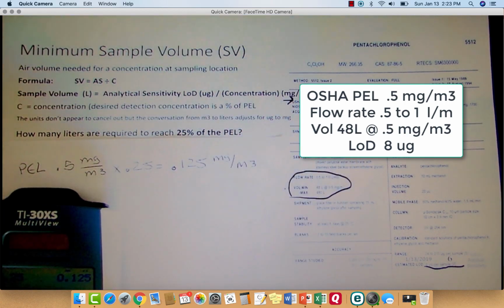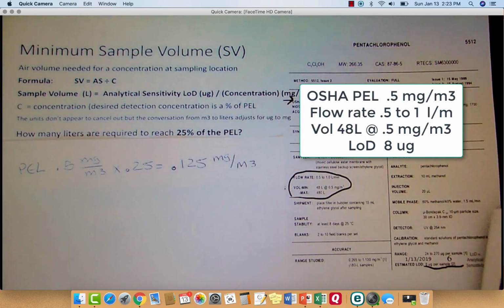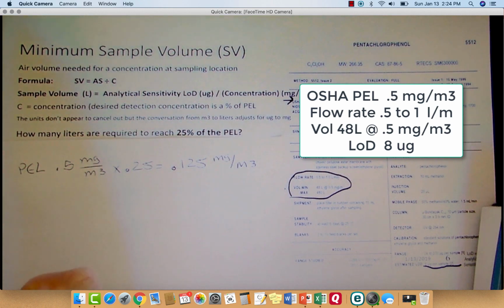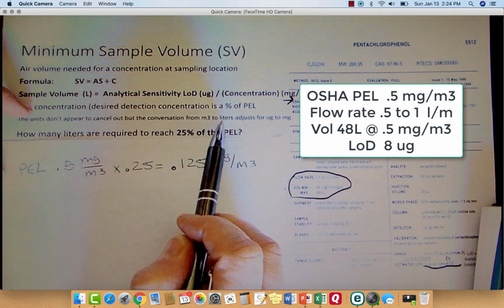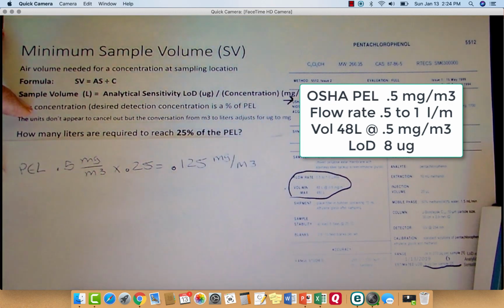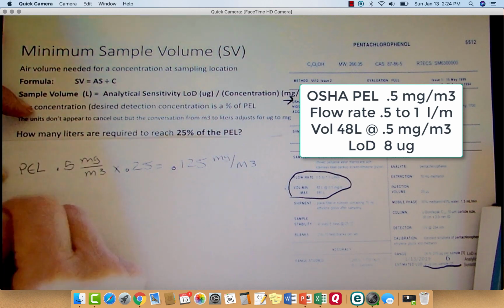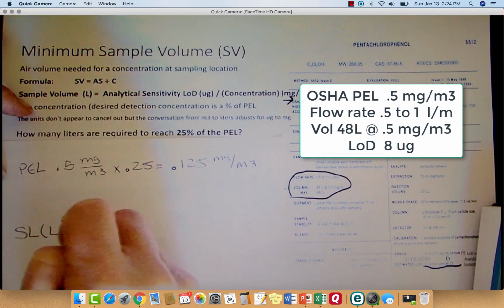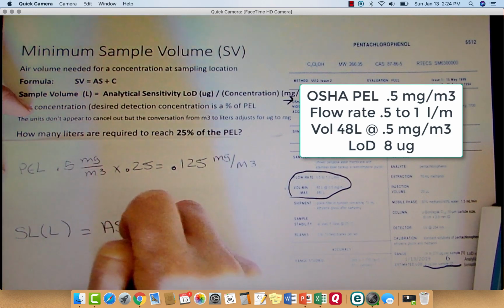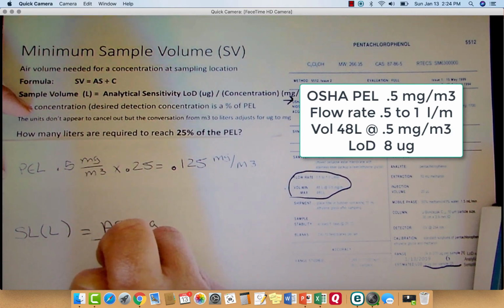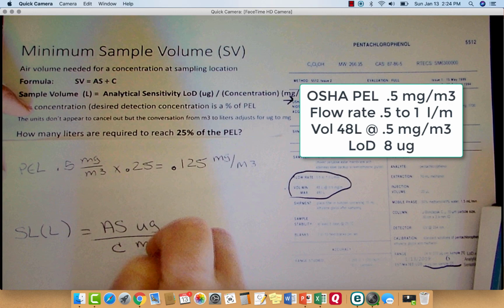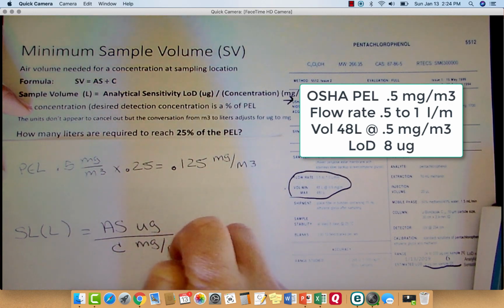And our formula is really straightforward. It always seems like the units don't work out, but I do prove the concept that the units work out because of the conversion back and forth from cubic meters to liters and micrograms to milligrams. The math works out if you use sample volume in liters equals your analytical sensitivity in micrograms over your concentration in milligrams per cubic meter.